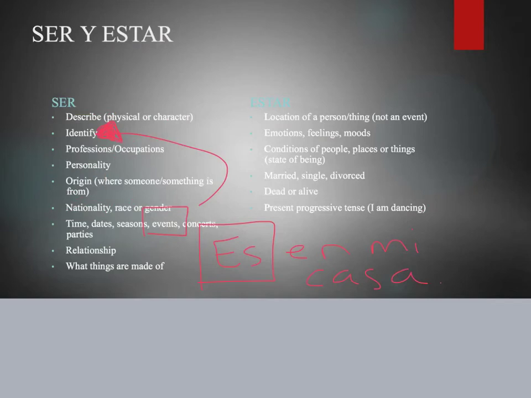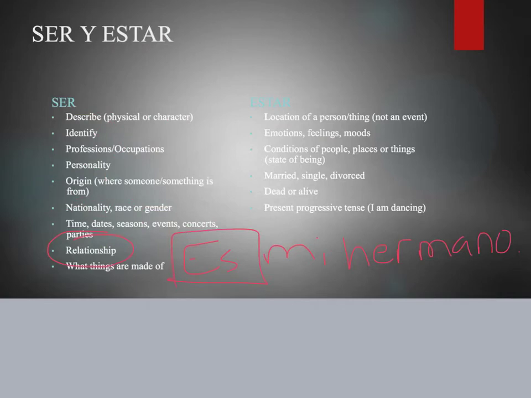Es en mi casa. Also, when we talk about relationships, so if we want to say es mi hermano, that's my brother, or he's my brother, then we would use es. We would use the verb ser. We can think of this once again as identifying who he is. Who is he? Oh, es mi hermano.